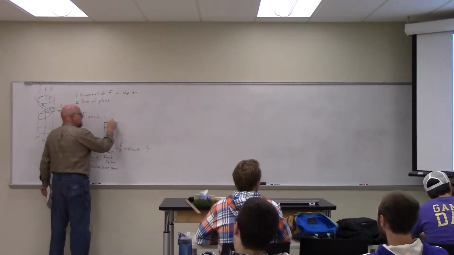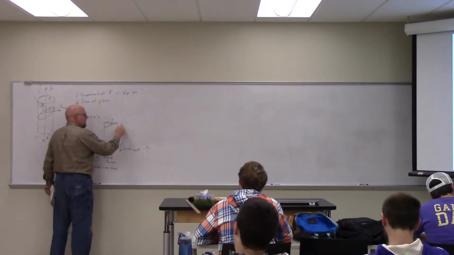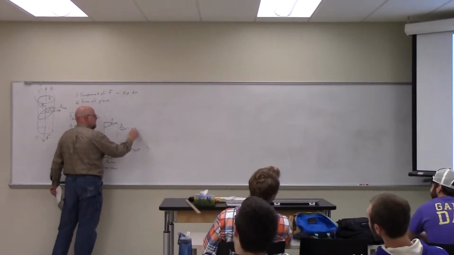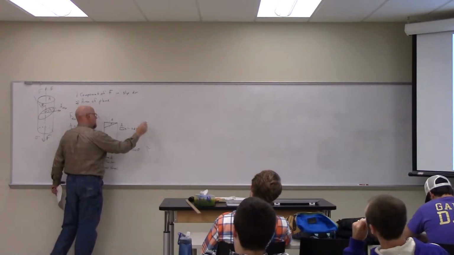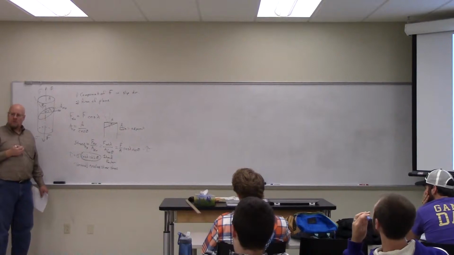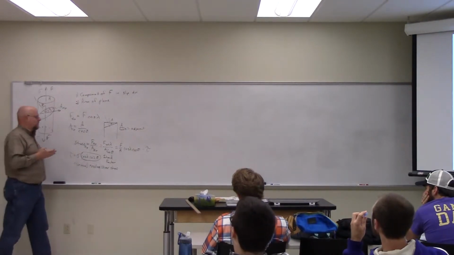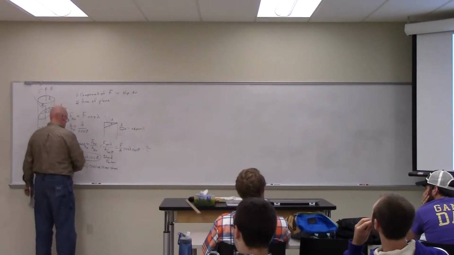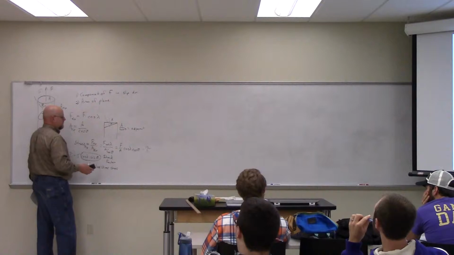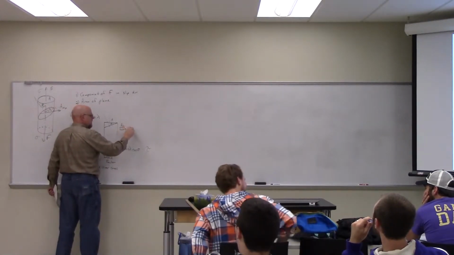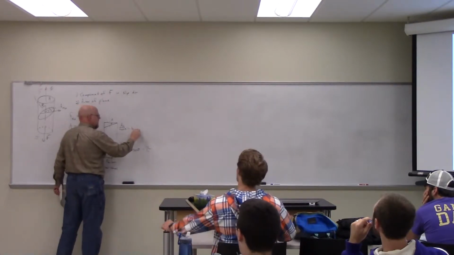So if this is A, this is the hypotenuse, A over cosine theta. This is adjacent.